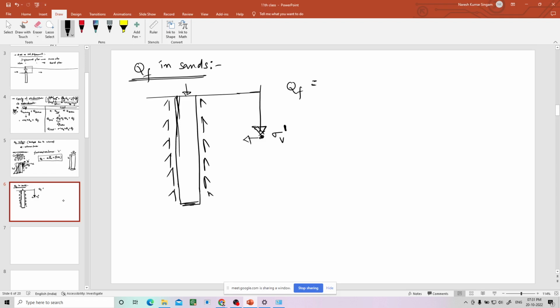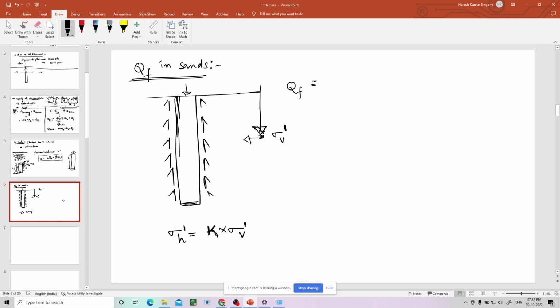I don't think so. Yes, once I have taught active pressure and passive pressure. So if you want to find the horizontal pressure, you multiply the earth pressure coefficient by the vertical effective stress. Then you will get the horizontal effective stress.